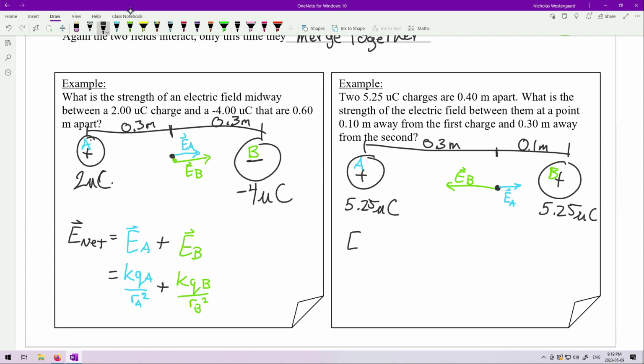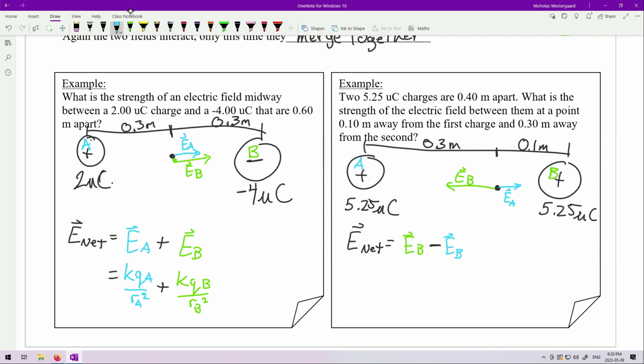If I wanted to find my net electric field, how would I do it? I would take electric field B and I would subtract electric field A. Why am I choosing to subtract? Because you can see from my diagram, these electric fields are going in opposite directions, so in opposite directions we subtract.